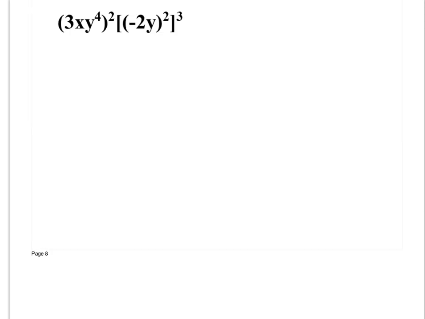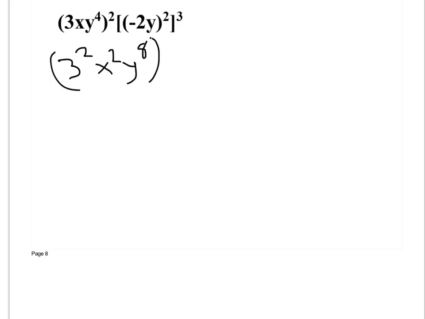All right, what we're asked to do is simplify this expression. So what I want to do is work out everything I possibly can. First step I'm going to do is raise everything in here to the second power. So 3 squared, x squared, and y to the 8th power, because 4 times 2 is 8.